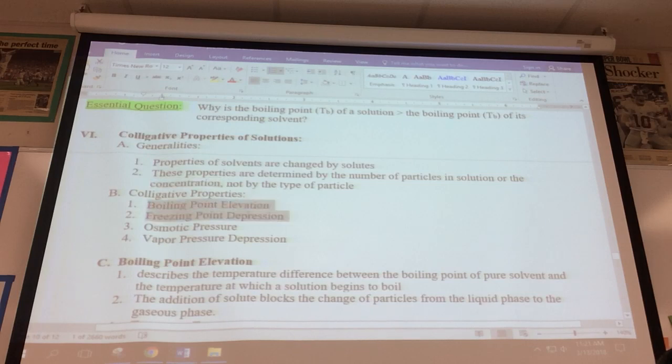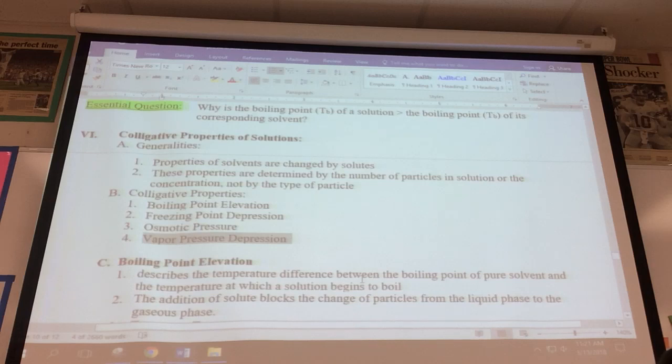You'll see for boiling point elevation and freezing point depression, the way we're going to use concentration is with molality, moles of solute per kilograms of solvent. Osmotic pressure, we're not going to get into at the honors level, but that's dependent on molarity. And vapor pressure depression, we're also not going to get into at the honors level unless you want to.